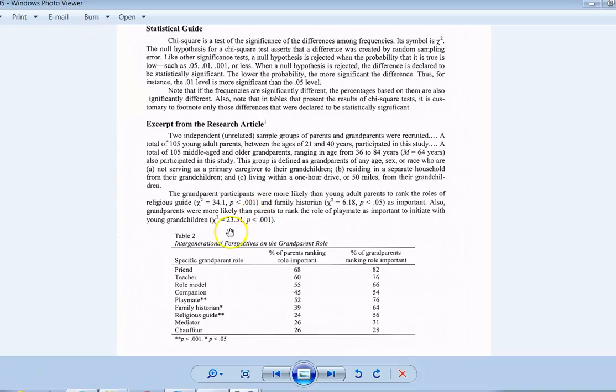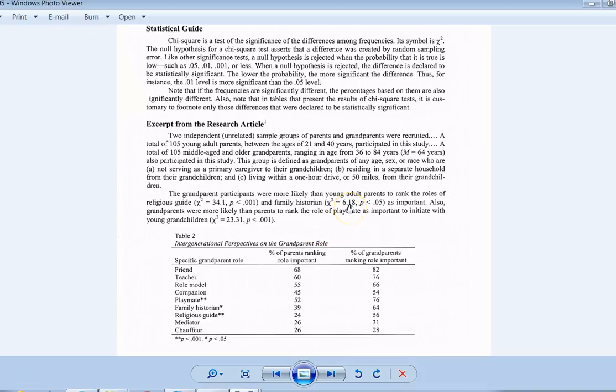Also, if you'll notice, they reported the chi-square in the text, but not in the table. So they're explaining to you that the participants were more likely than young adults to rank the roles of religious guide, right there, which is significant at the 0.001 level, and family historian, and they're giving you the chi-square value.